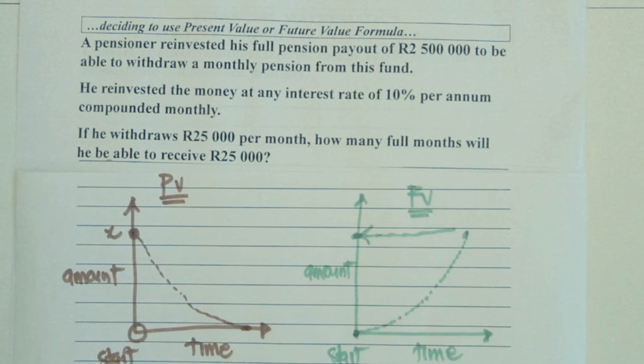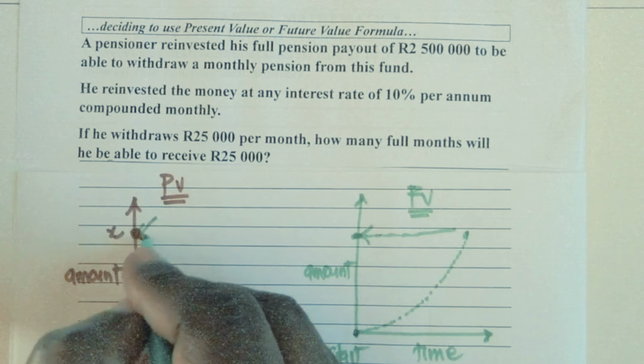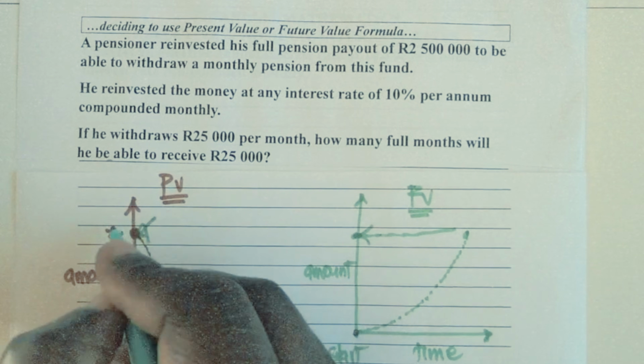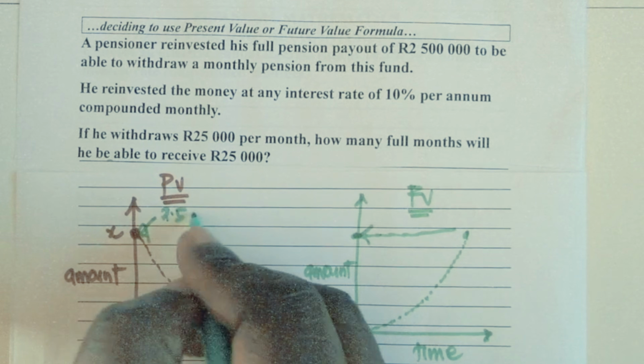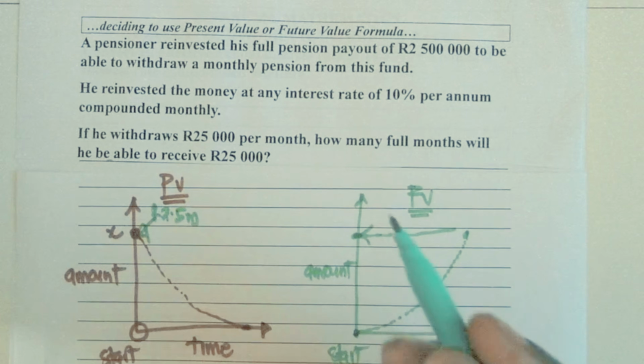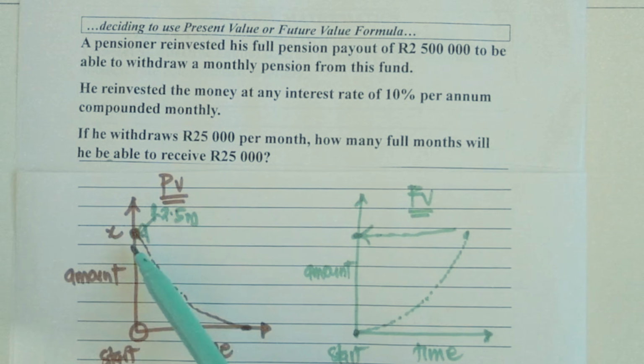So if we look at the question that we have here, the pensioner started with an amount of 2.5 million rands, and he is going to withdraw 25,000 rands every month. As these withdrawals are being done, the amount of money in this account is reducing until he reaches a point where there is nothing in the account.